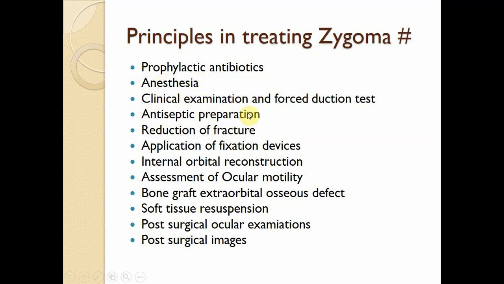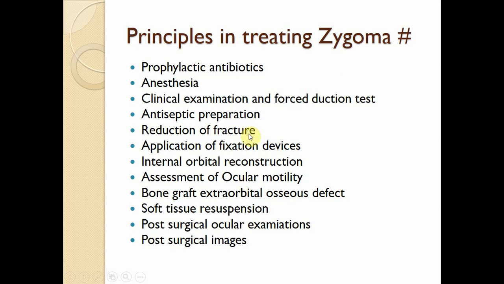Then clinical examination and forced duction test. The forced duction test is used for entrapment of any muscles in the orbit. We will relieve it from the fracture. Otherwise, there will be difficulty in eye movements, and that can sometimes lead to blindness also. And antiseptic preparation, mostly with betadine solution.